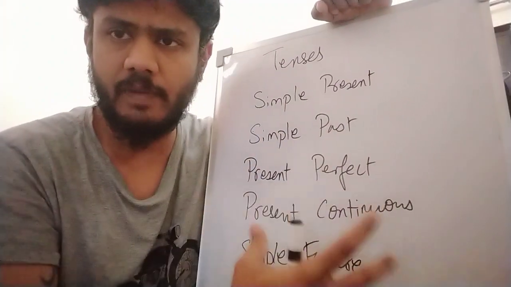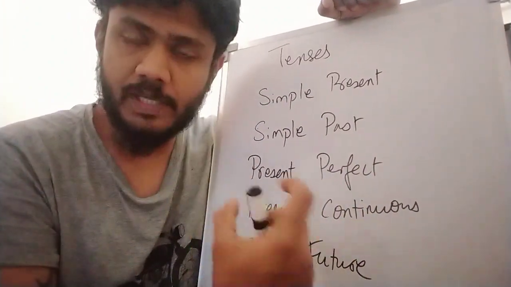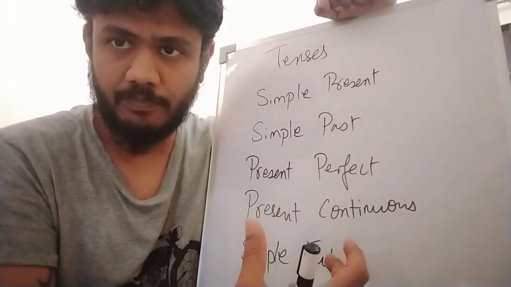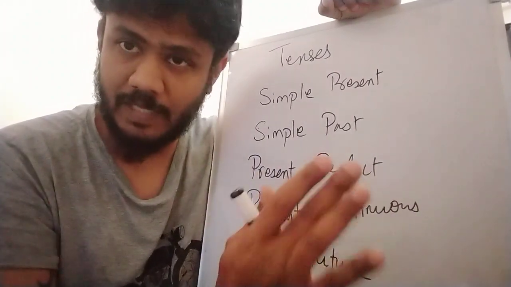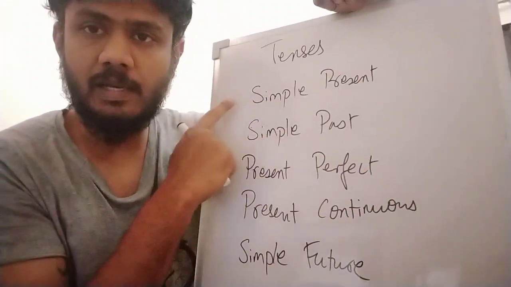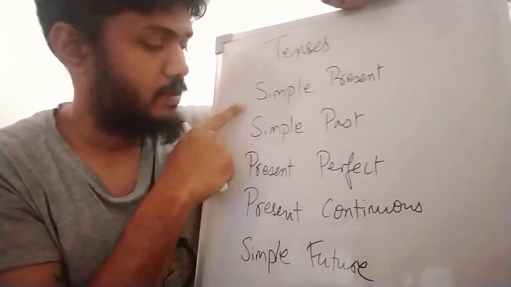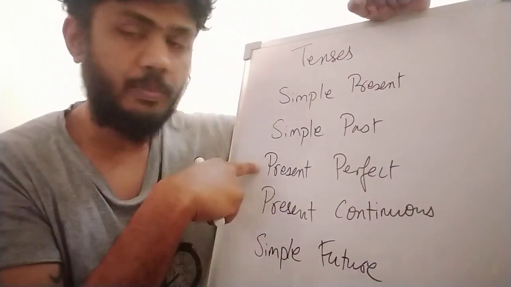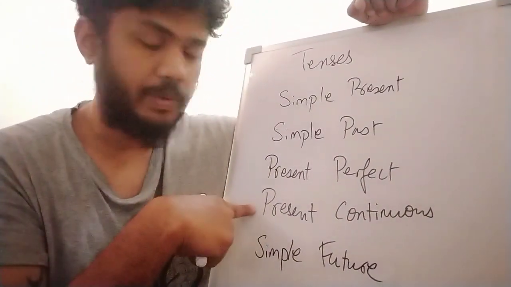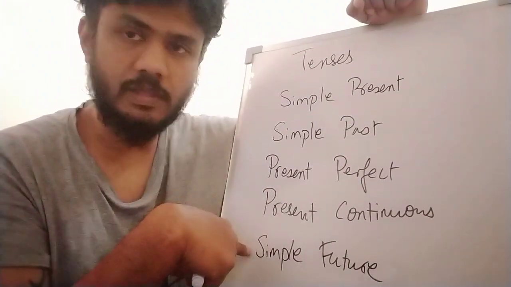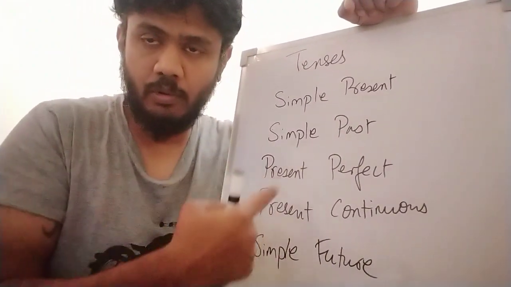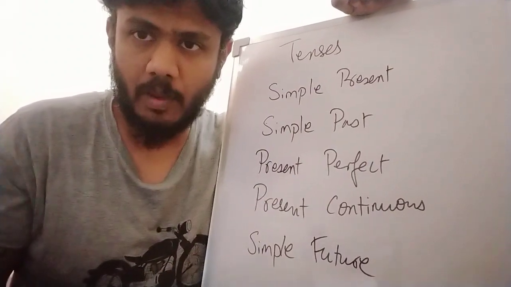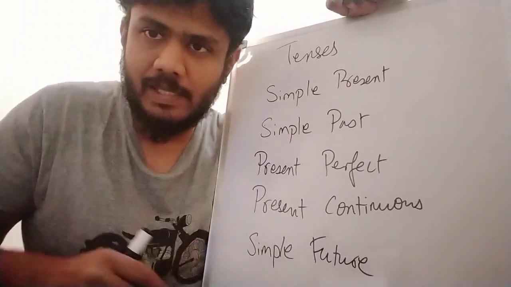So if you understand these 5 tenses well, then 90% of your work would be error-free, okay? At least in terms of tenses. So these tenses are simple present, the simple past, the present perfect, the present continuous, and the simple future. Now we'll look at each of these tenses one by one and try to understand what these tenses stand for.